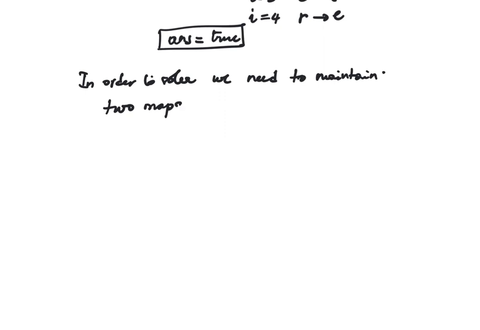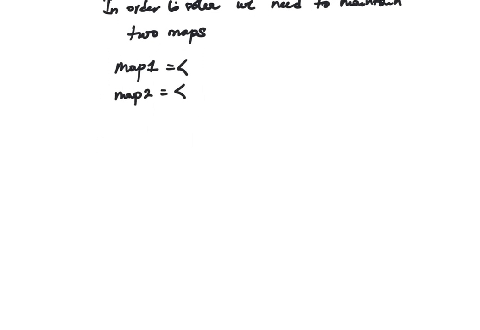Maybe one map can do the work, but let's do two maps. Okay, so we have map 1, we have map 2. So let's have these two strings.